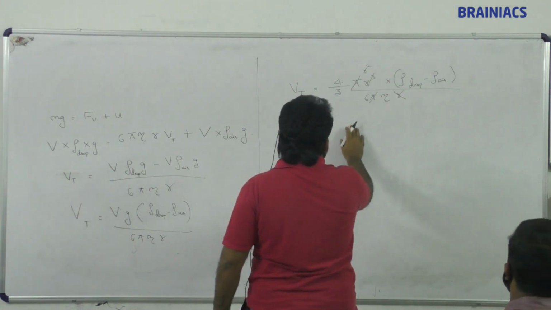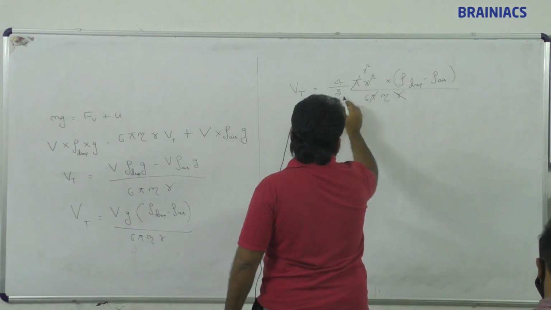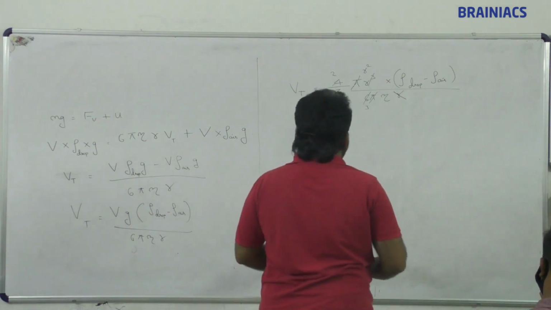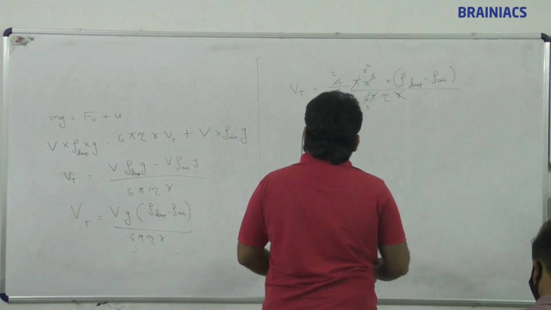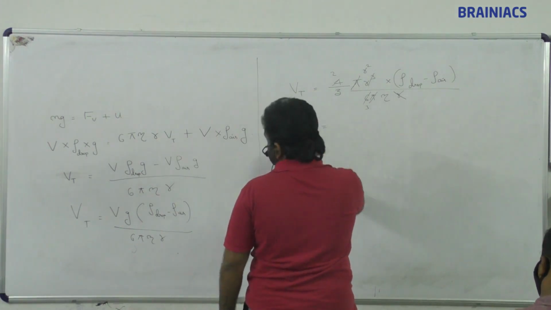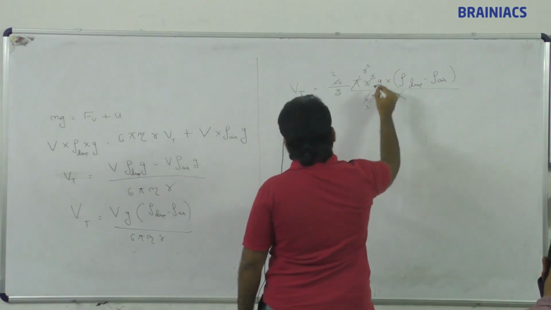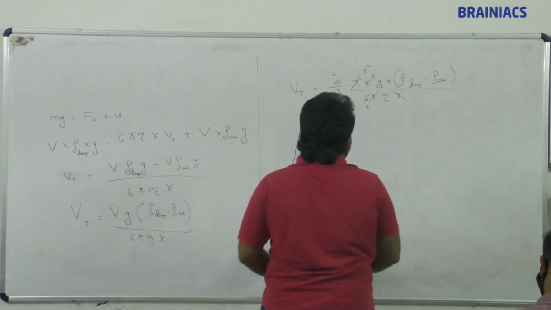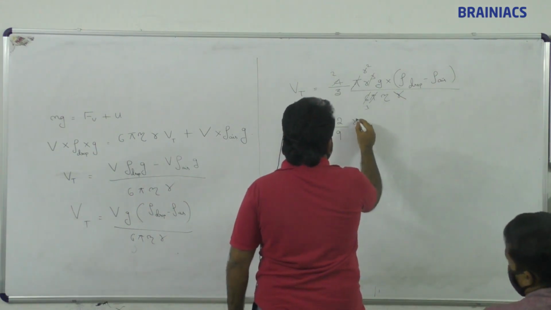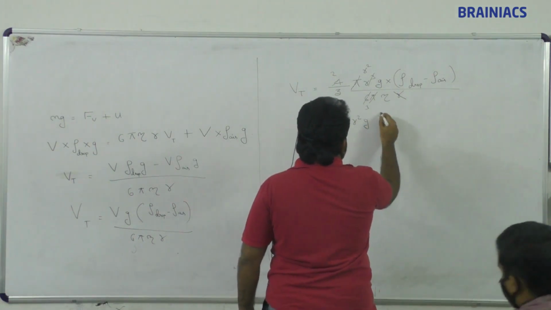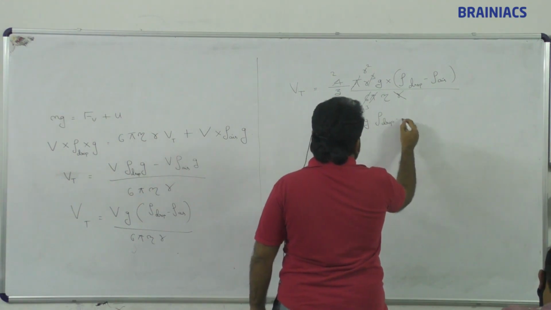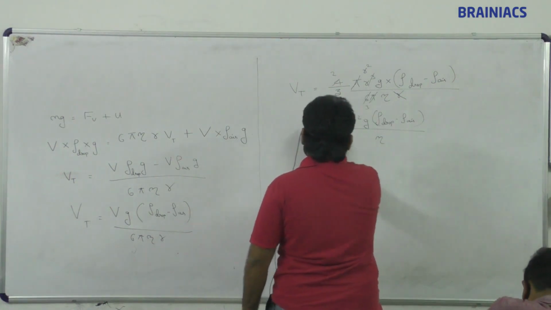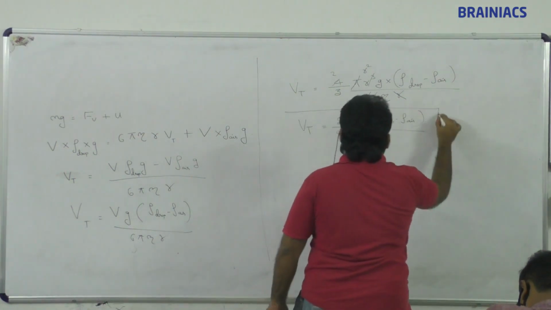Then this will become 2, this will become 3. G is missing. So this is going to be 2 by 9 r square g (density of drop minus density of air) divided by eta. This is the formula for terminal velocity.